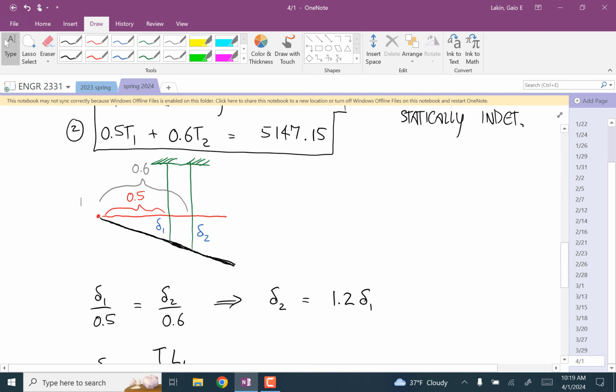Yes? The elongation always increases linearly because of the similar triangles. Yes, exactly. This is not a perfect world because there's a little bit of deformation on the right, but we're assuming that's small. We're assuming that the elongation in the cables is a lot bigger than the deformation of the beam, right?